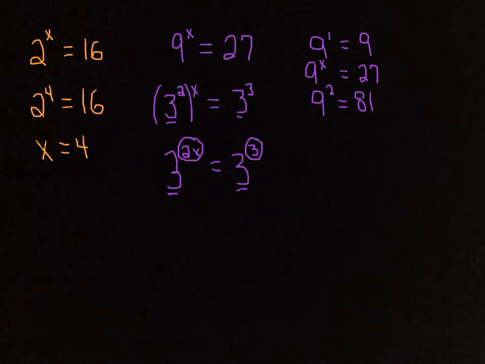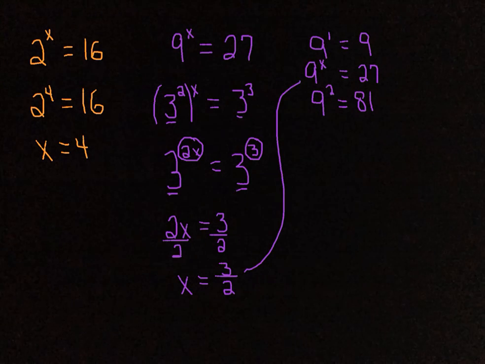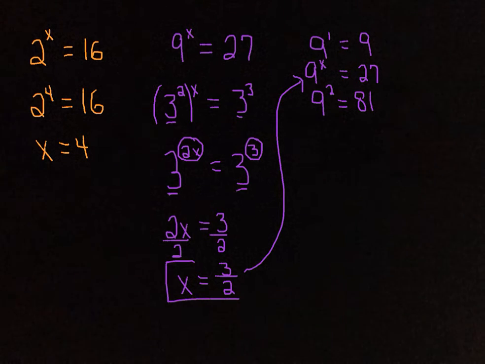All right? So that means 2x must equal 3. So we just solve for x, and so x is equal to 3 over 2, or 1.5, which we know is between 1 and 2. So our answer is x equals 3 over 2, or 1 and 1/2.